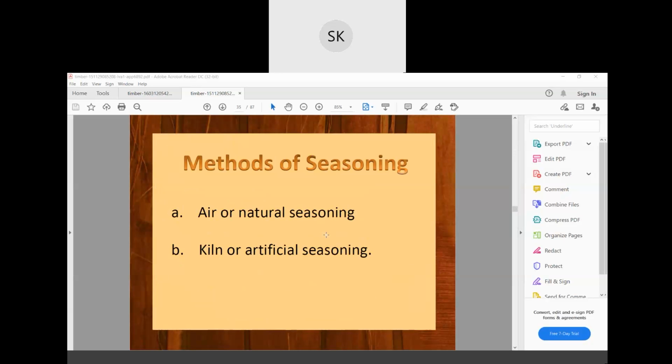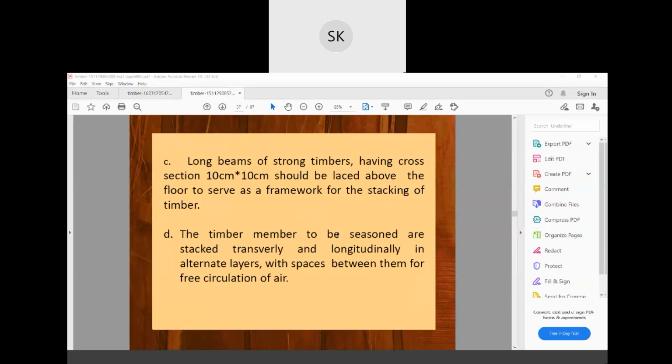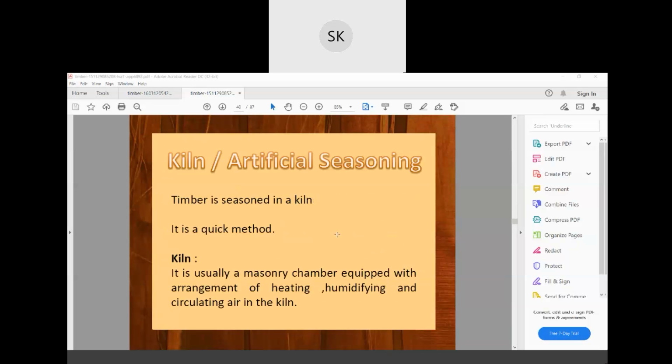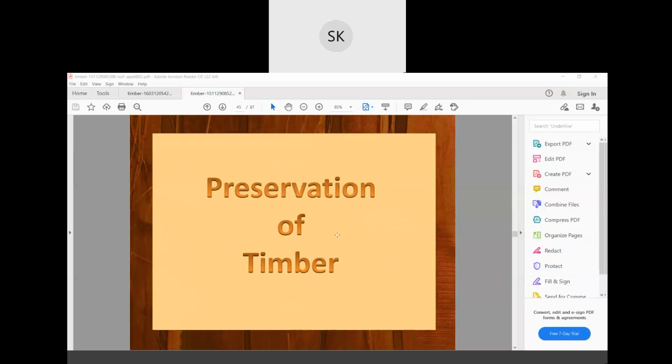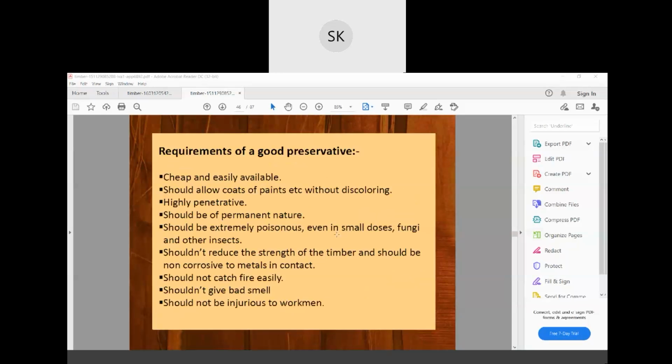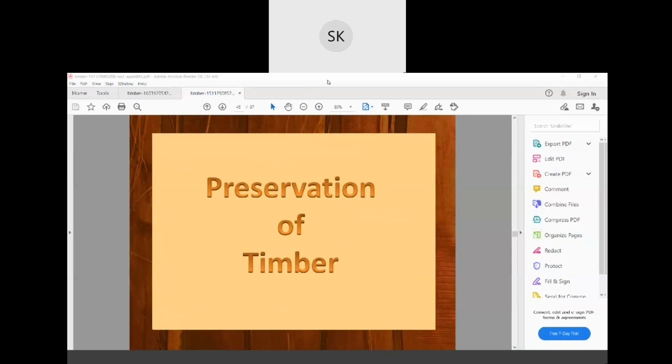We also discussed methods of seasoning of timbers, right? So today we'll discuss the defects in timbers. Just recall all this. Prevention of timber will also be our topic today.